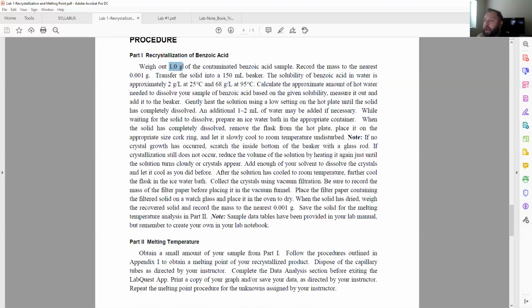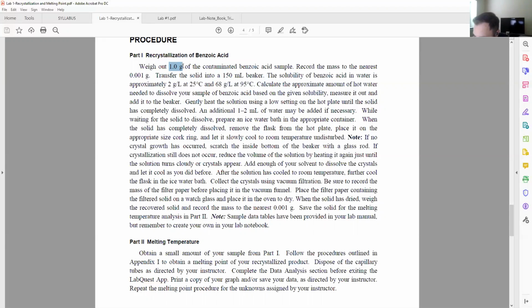How would you determine how much water you need to dissolve your solid benzoic acid? Does anybody know how to do it?